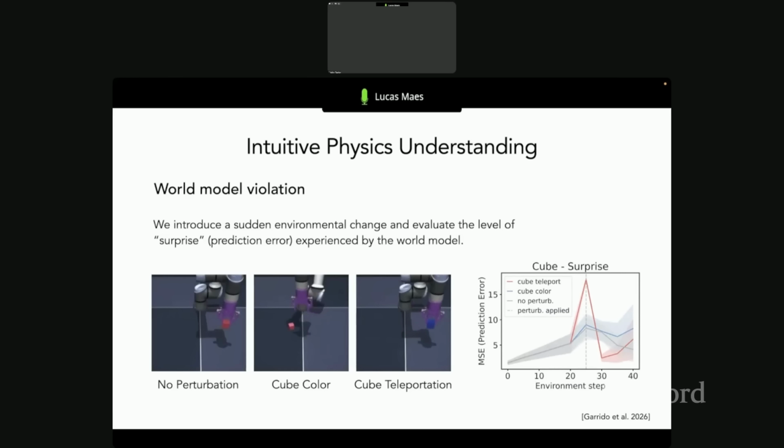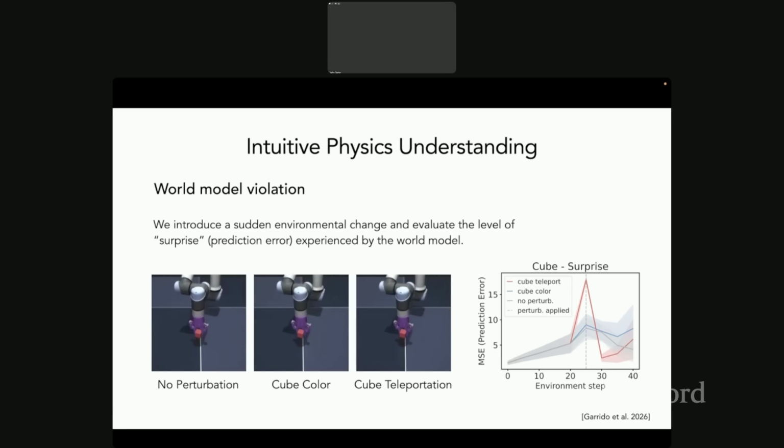Another thing that you could do, which is pretty cool, is to see what happens when you violate the world model. If a sudden change in the dynamics happens, does your world model predict that this is a violation? As you can see, the cube color and cube teleportation are inverted.